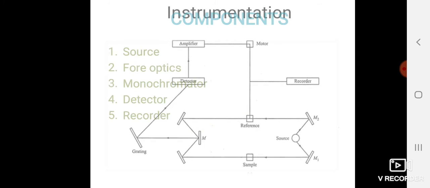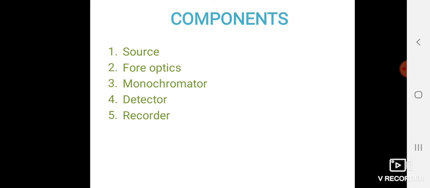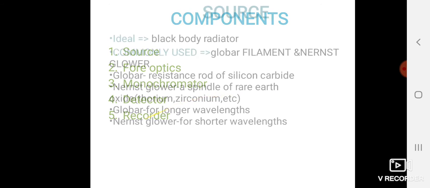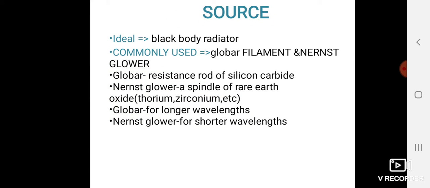The type of source used here: the ideal source is a black body radiation, as I told you, or commonly used are the Globar filament or Nernst glower. Globars have resistive rods of silicon carbide, whereas Nernst glowers have a spindle of rare earth material, that is, rare earth elemental oxides.